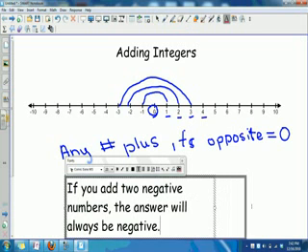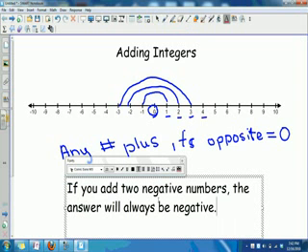And that's because if you think about our models that we were doing, if you add 2 negative numbers together, you're going to put down a certain number of negative chips and another number of negative chips, and you put all your negatives together, you can't make any pairs of 0. So all you're ever going to have down are negative chips. So your answer will always be negative.